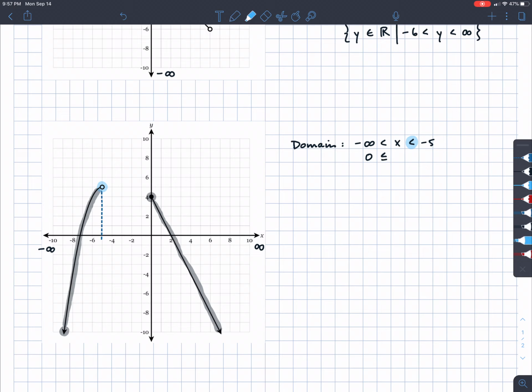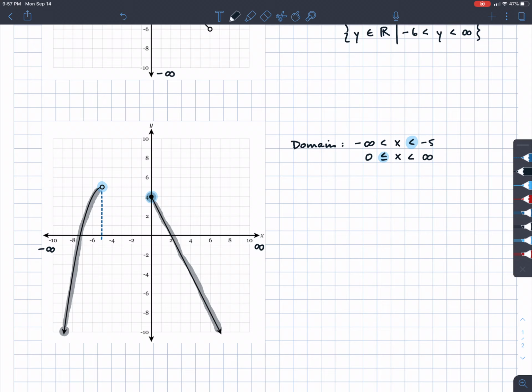Remember, I write less than or equal to because this is a closed dot, which is less than infinity. So that whole thing, this whole thing right here, is my domain.